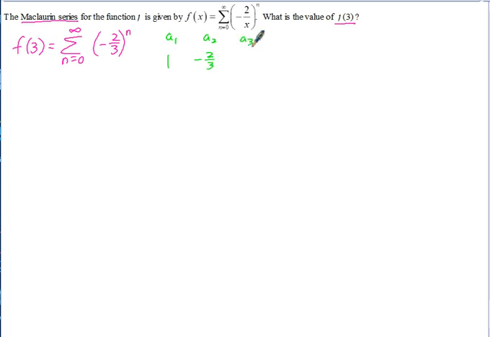The third term when you substitute in 2 is negative 2/3 squared, which is 4/9. So if you can see the pattern, every time we're multiplying by a negative 2/3. So this is geometric, where r, the common ratio, is negative 2/3. And for a geometric series, remember r has to be between negative 1 and 1, and negative 2/3 is. So this converges by the geometric series test.